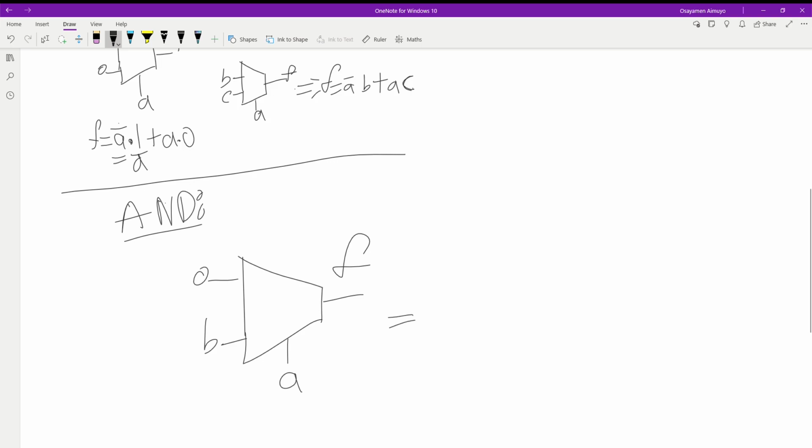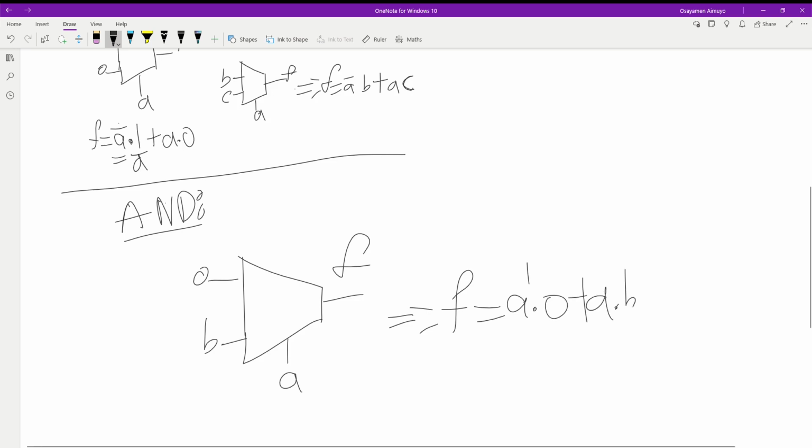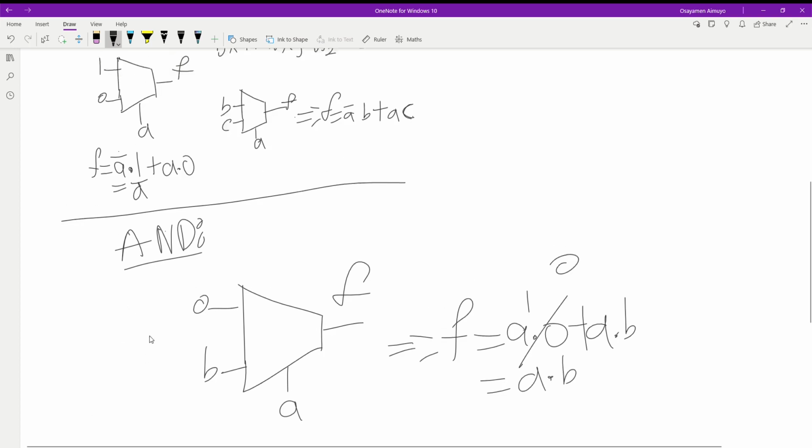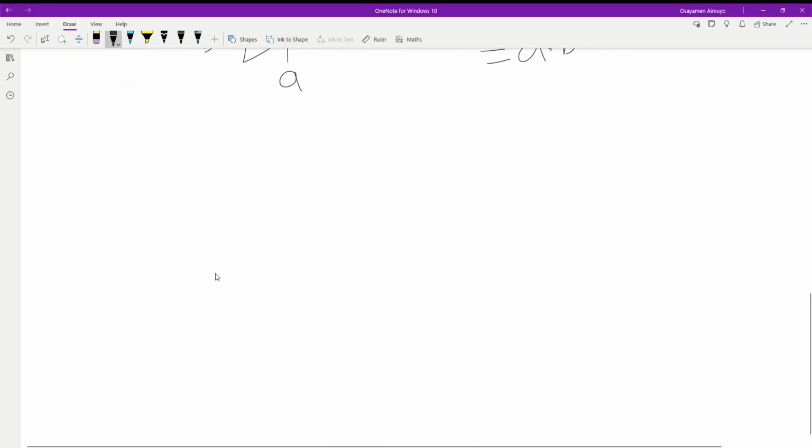This is equivalent to saying f is equal to a bar and 0 or a and b. This is just 0, and then you just have a and b. Nice. Okay, so now what about the OR gate?